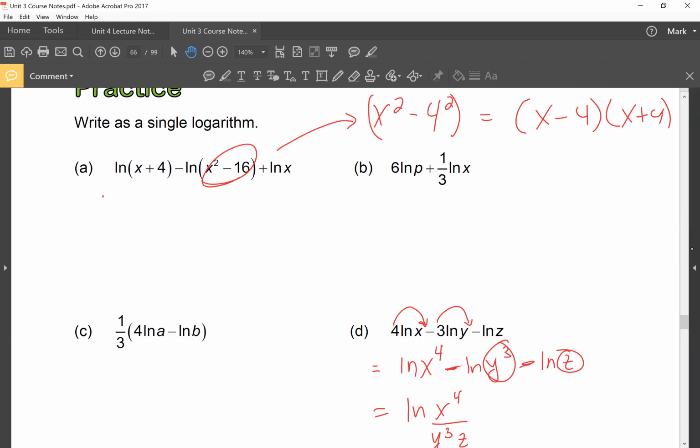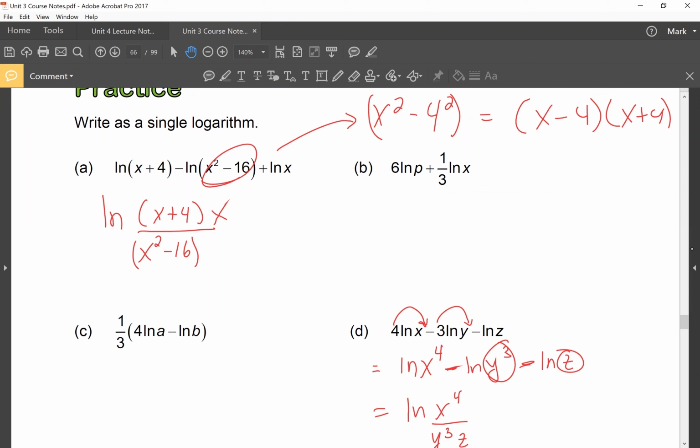So I'm going to get ln x plus 4 divided by x, let's keep it the same for now, I'll factor it later, times x on top. This x goes on top. So these guys are multiplied together because they're both positive, and the negative goes on the bottom. Oh, never mind.